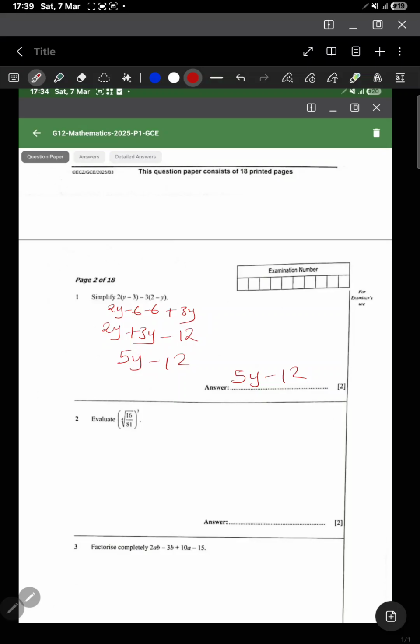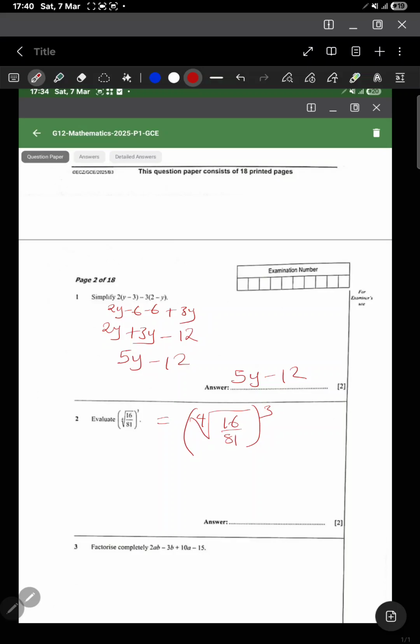In this case, we've been given the fourth root of 16 over 81, all raised to power 3. What does this represent?